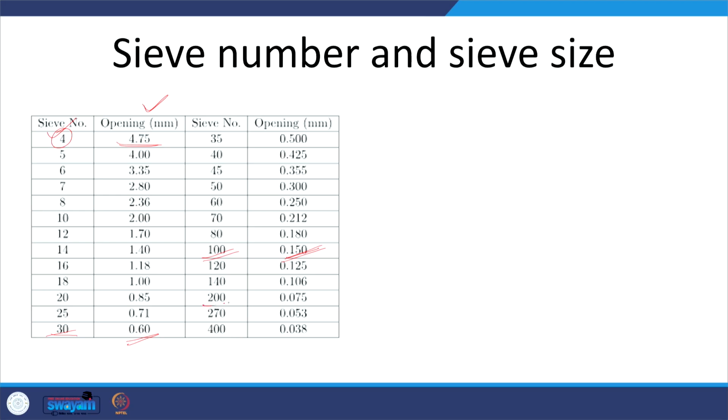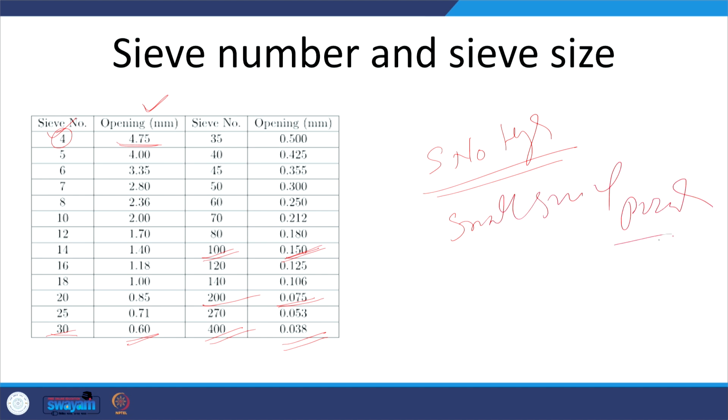When it is 200, it is 0.075 mm, and when it is 400, it is 0.038 mm. So the higher the sieve number, the smaller is the size of the powder that will be obtained.